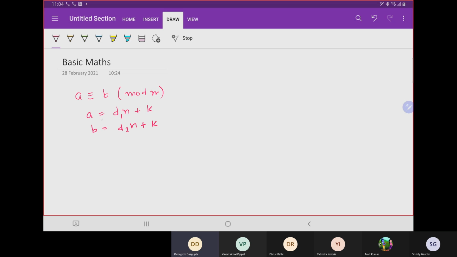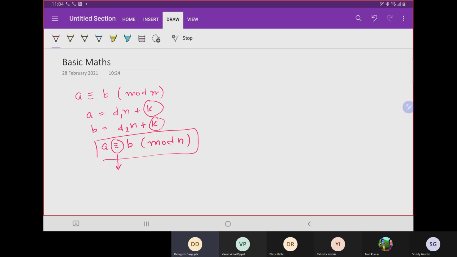That is, when you divide A and B both by n, they must leave the same remainder k. Then we write that A is congruent to B mod n. Right? This is the most important definition. This symbol creates an equivalence class. So why does this create an equivalence class?